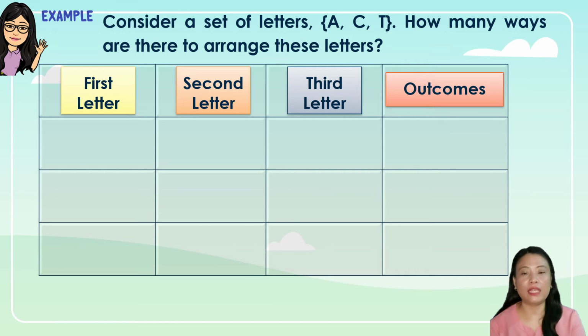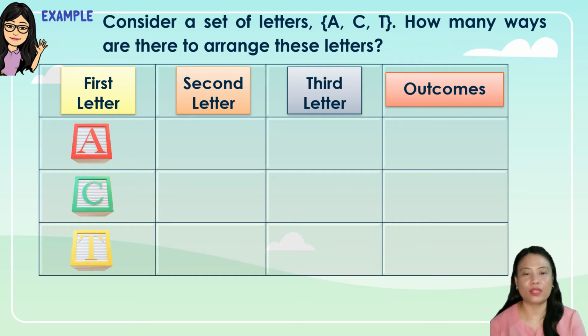We fill in the table with the corresponding choices for each column, then finalize the arrangement in the column for outcomes. For the first letter, we have A, C, and T as our choices.